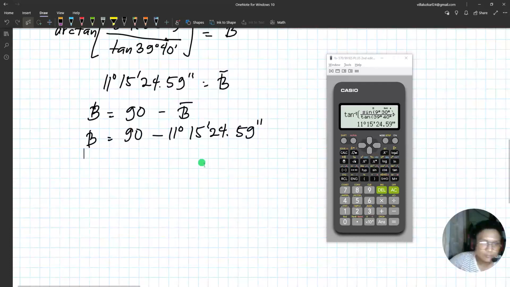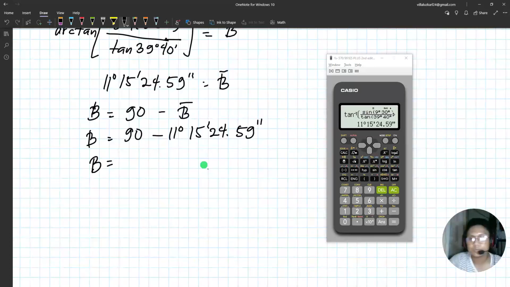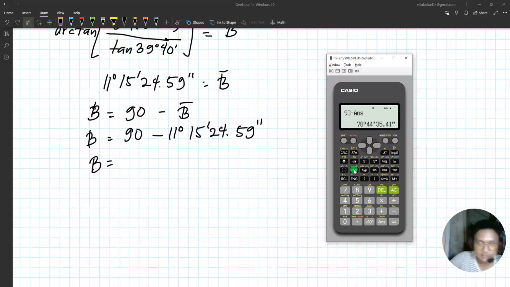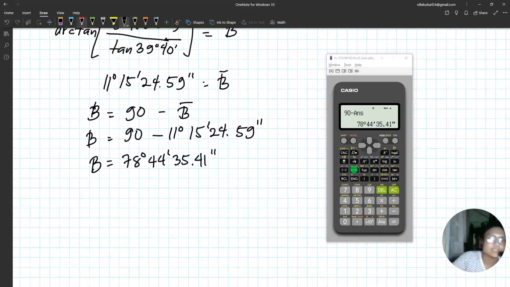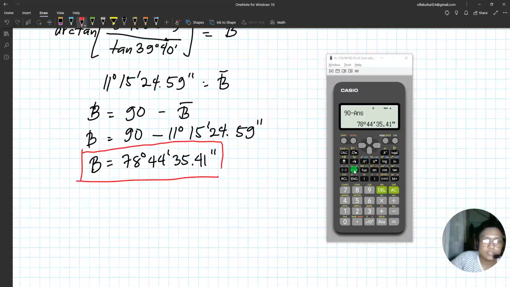So, we have B equals 90 degrees minus answer. Click here to express it in degrees, minutes, and seconds: 78 degrees, 44 minutes, and 35.41 seconds. That's the answer for the unknown interior angle B.